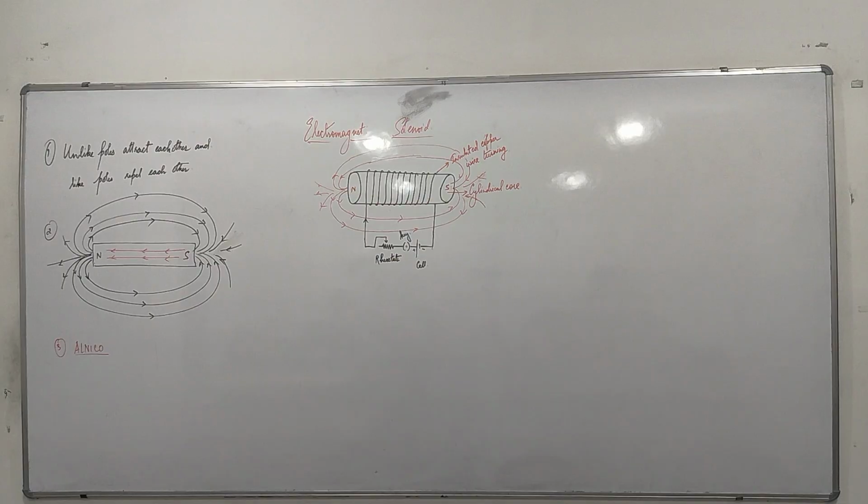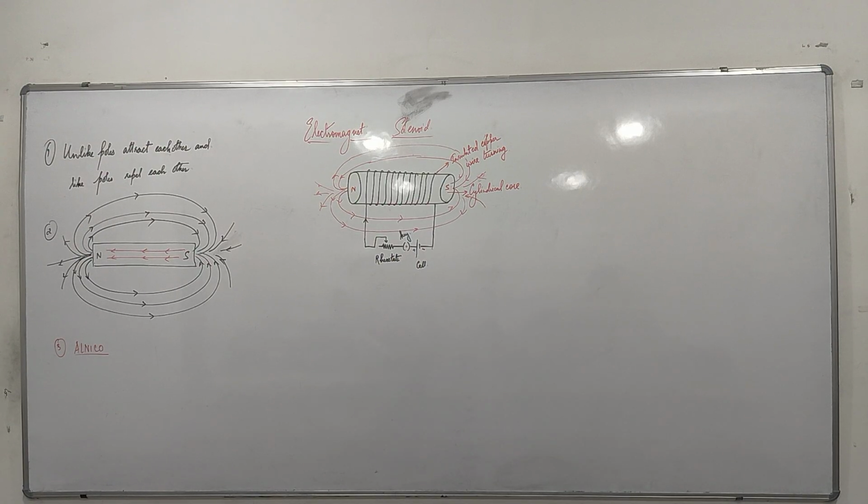Greater the number of turns, greater is the number of turns after semicolon, higher is the magnetic strength of the electromagnet.